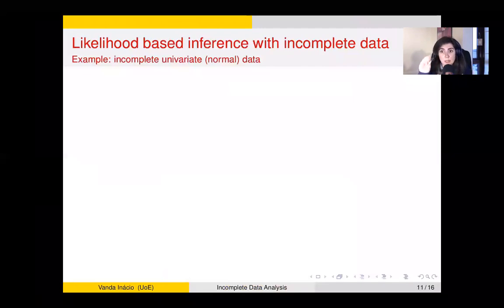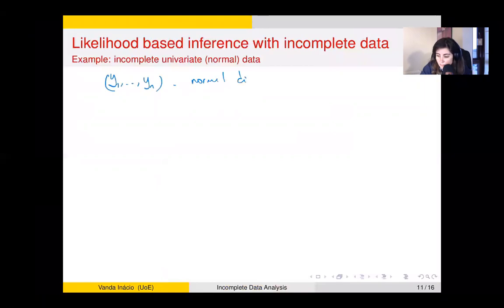Now, let's do an example. It's a very simple one, but just to make the point. Suppose that I have data y1 up to yn, and that data come from a normal distribution with mean mu, the usual setting, and variance sigma square.